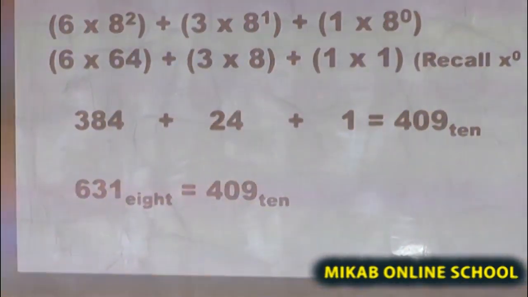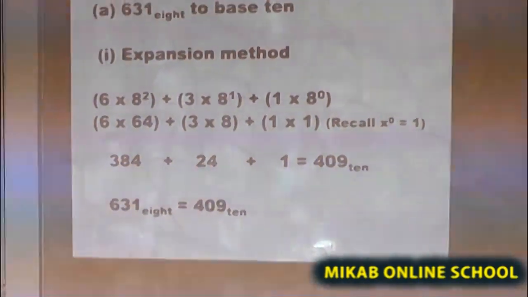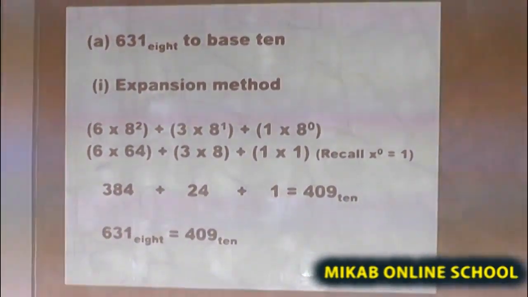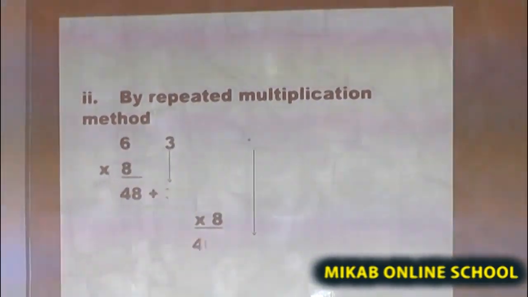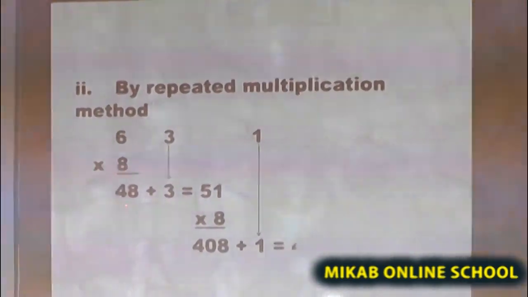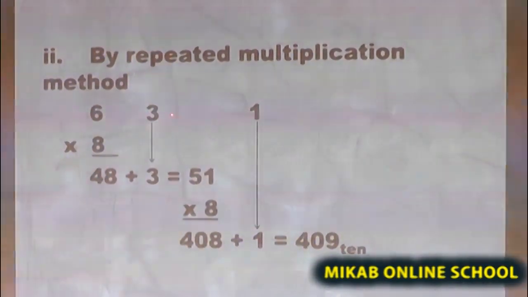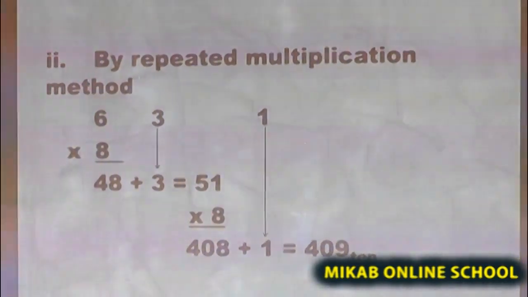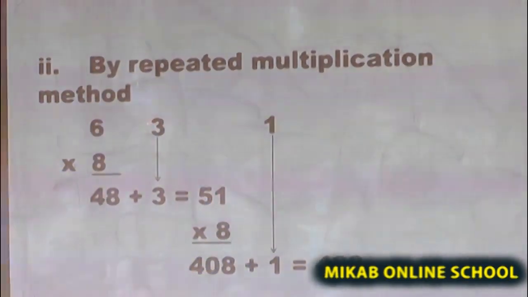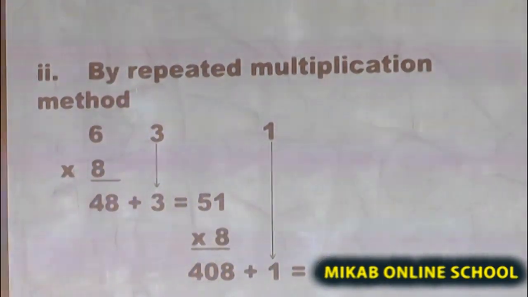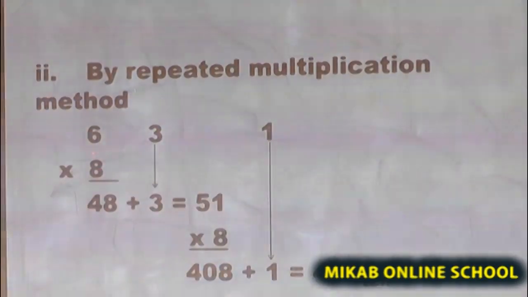Now we solve using the repeated multiplication method. In this repeated multiplication method, I have 631 base 8. Remember, we're working in base 8. In this method, you repeatedly multiply each of the digits by 8.